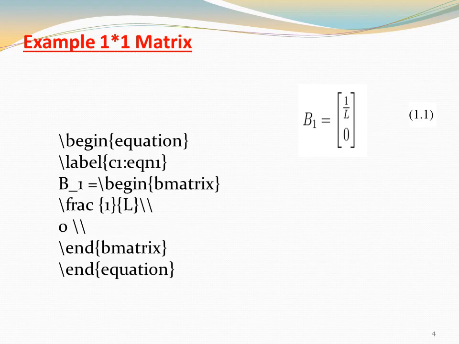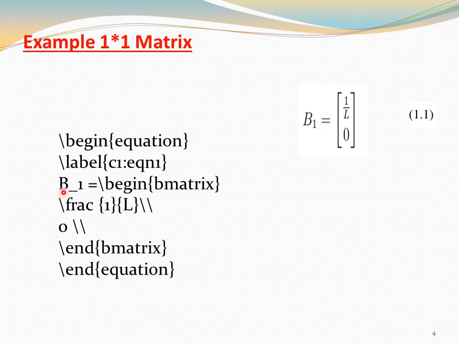Now let's see the example for a 1 by 1 matrix. The matrix values are B1 is equal to 1 by L and 0. So we start the equation with \begin{equation} and label the equation C1 equation 1, that is chapter 1 and equation number 1. Now B1 is equal to, our matrix starts after the equal sign.